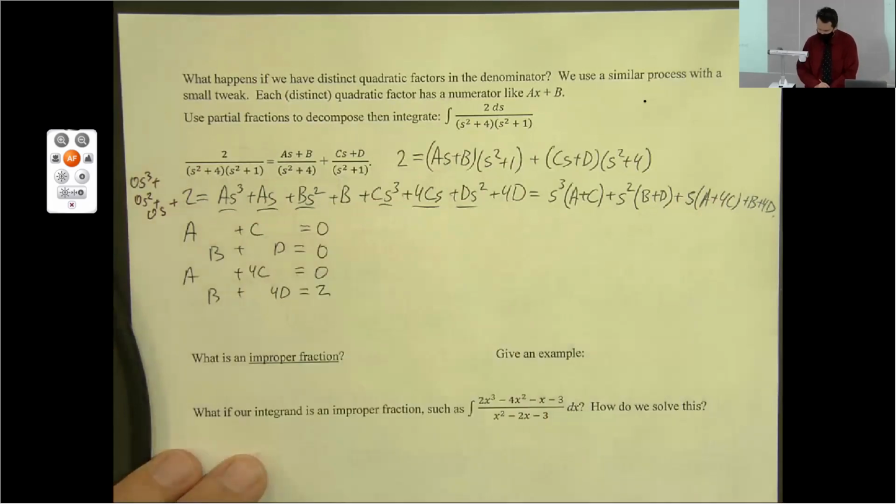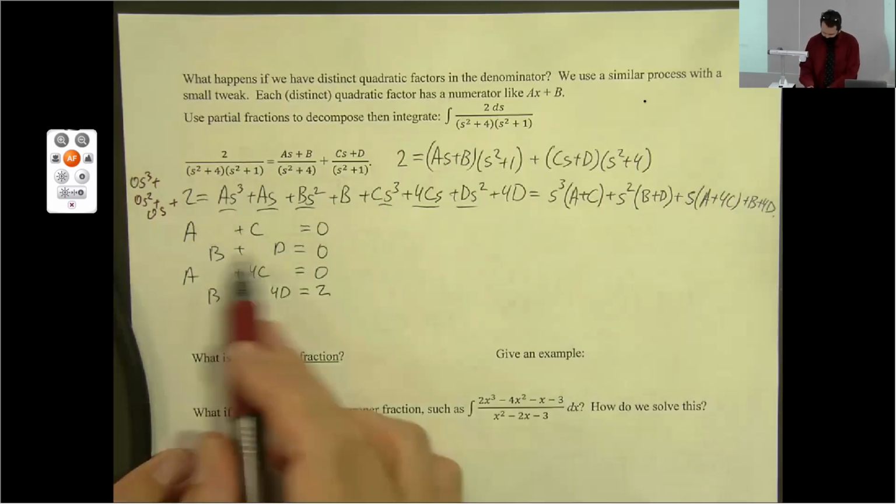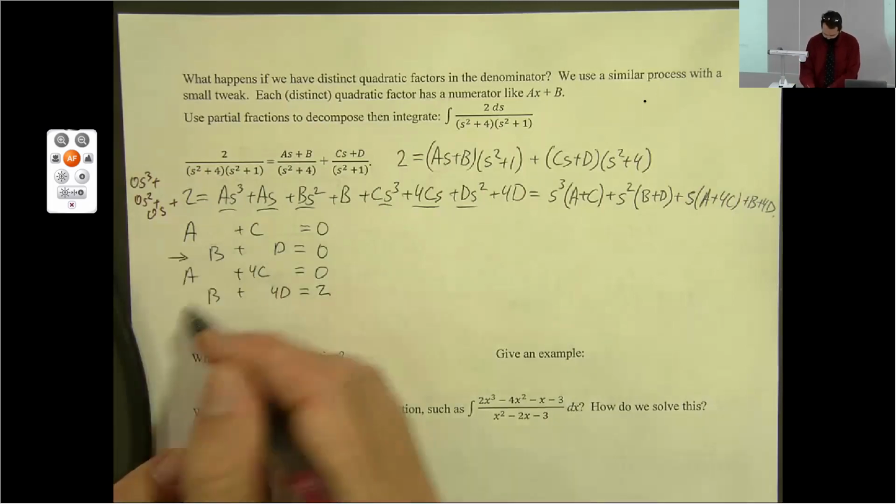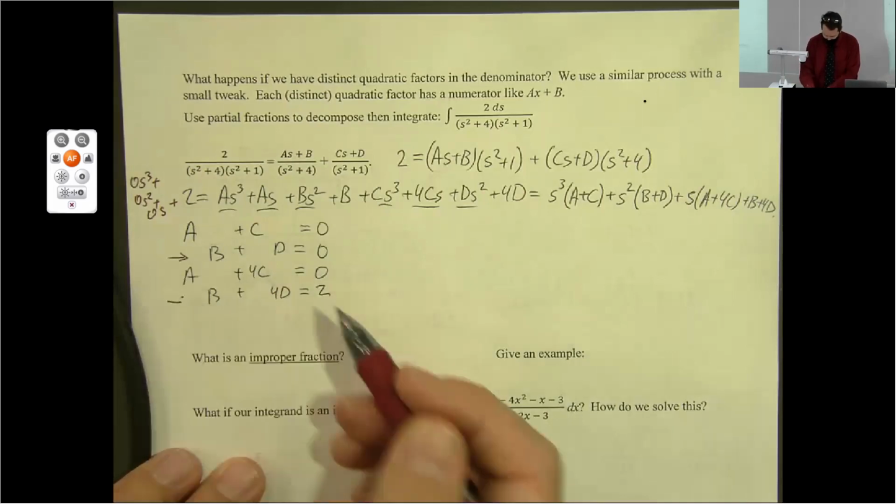Okay. Now, we could take that system of equations and put it into a calculator, a matrix, yada, yada. But let's see if we can save ourselves a little bit of time. How about I eliminate on these two? So how about I take the second row and subtract the fourth row?